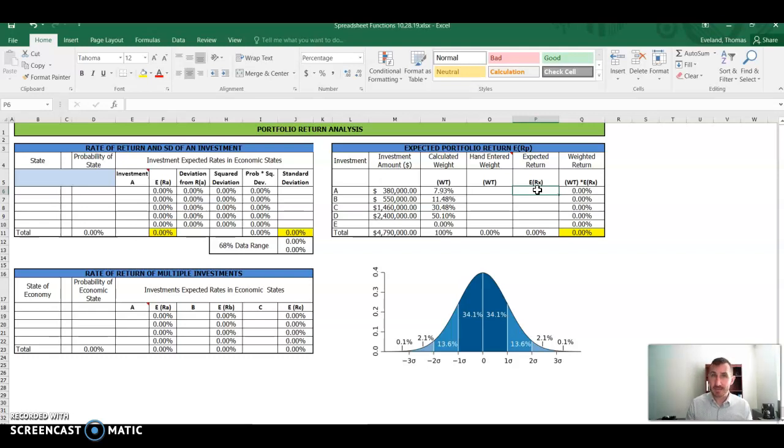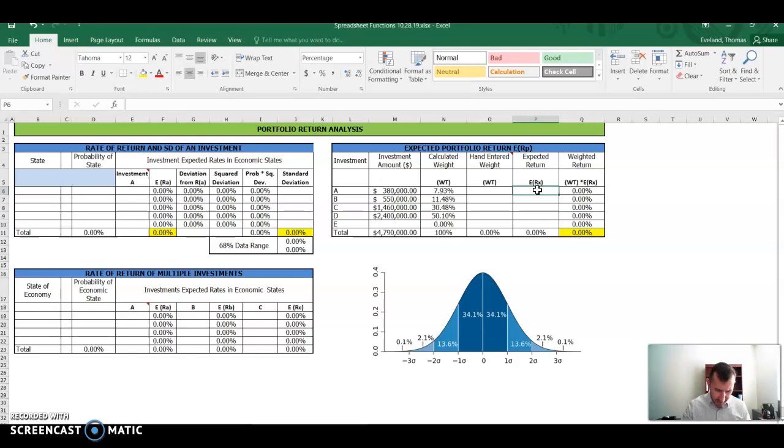But sometimes, and there's a hint here for some of you students out there, you have to use the CAPM model to calculate the expected return. Sometimes it's given. Sometimes you have to use the CAPM model or the dividend growth model to calculate the expected return. Both of those models have videos on the Finance Course Guru website.